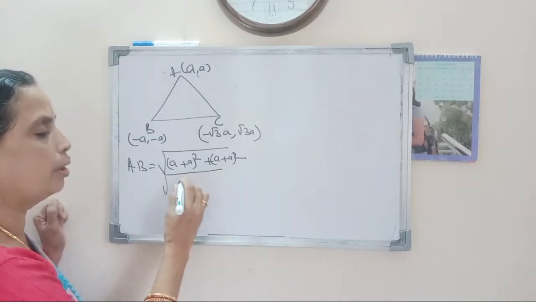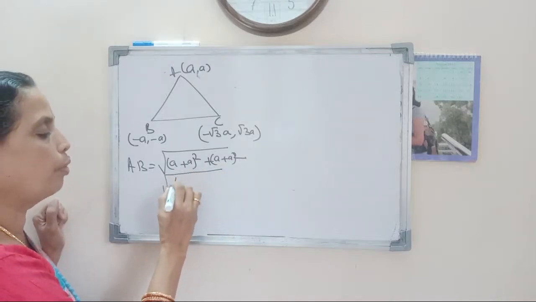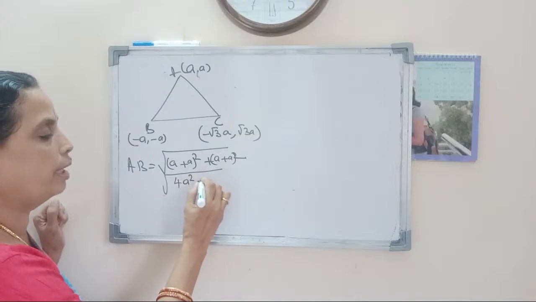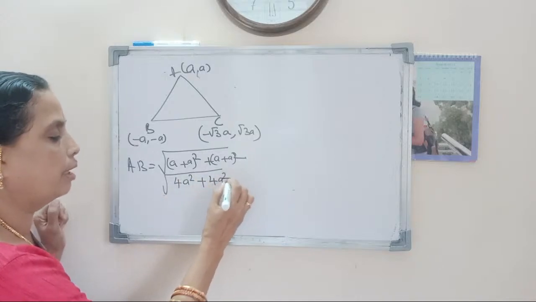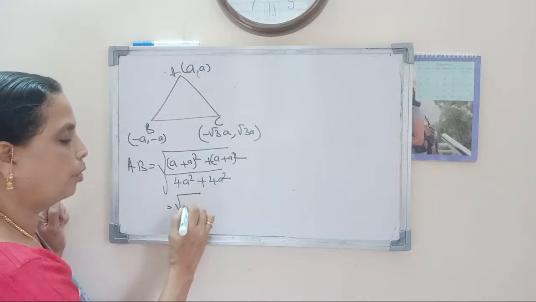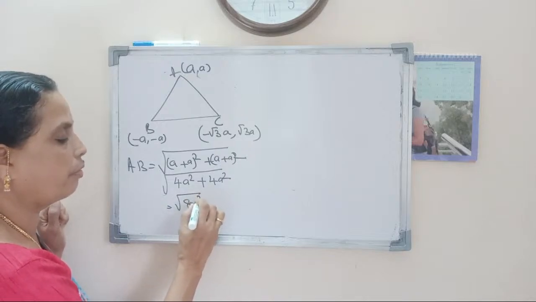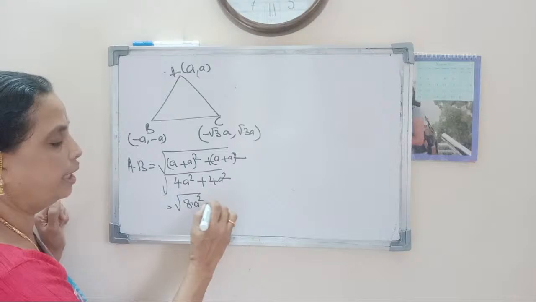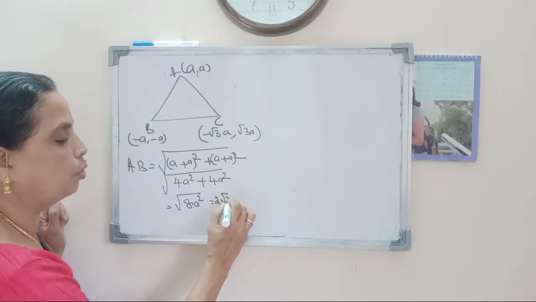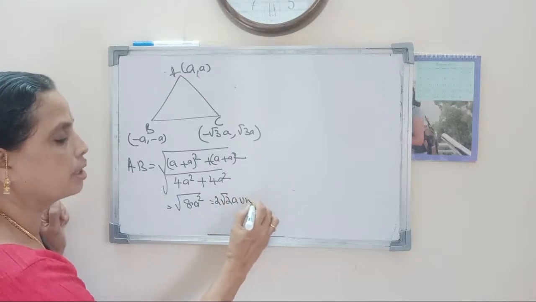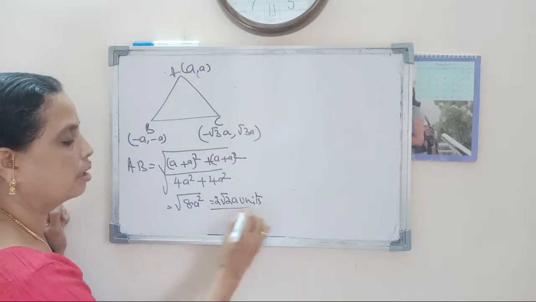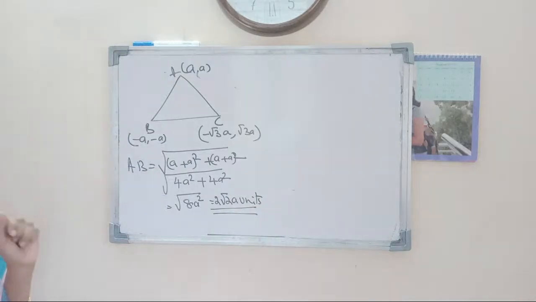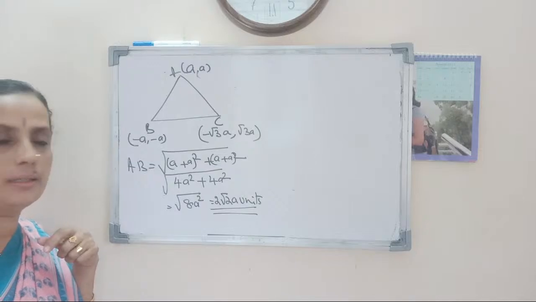What you will get? A plus A, 2A. 2A whole square means 4A square, plus 4A square. It is root 8A square, so we can take it as 2 root 2 A units. Can we take it like this? Is it clear?